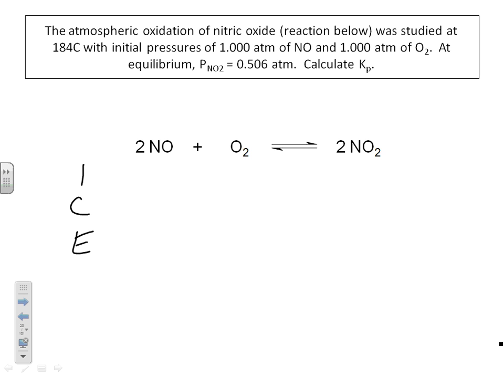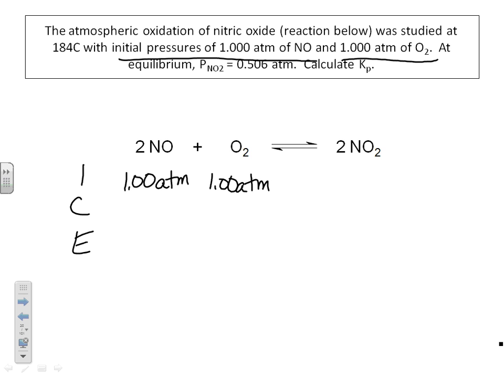So we look at the information that's given and fill in everything that we know. We've got initial pressures of 1 atmosphere for the NO, so I'm going to write 1 atmosphere. Then we have initial pressure 1 atmosphere of O2, so the O2 is also starting at 1.